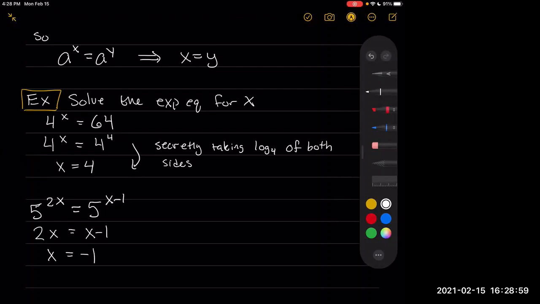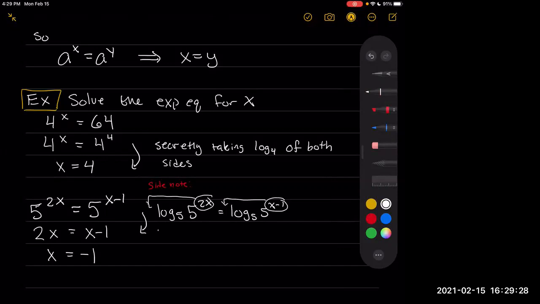So I'm going to illustrate what this step down here is doing. So if we take log base 5 of 5 to the 2x, we know that with these exponents, we can bring them down. This is just a side note. This is not necessary all the time. I just want to explain what's happening so you'll understand.